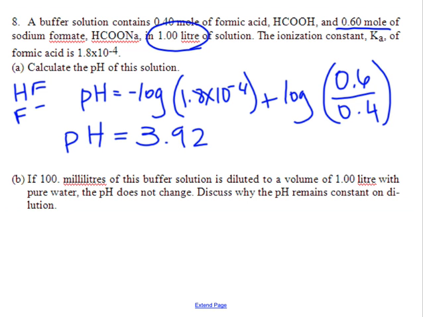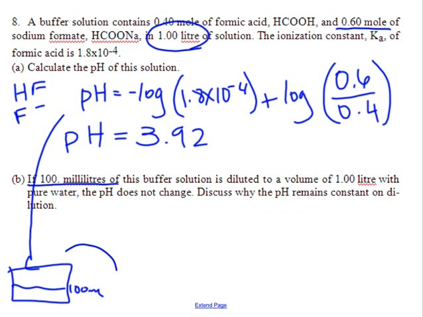Okay. So again, problems start out very easy and accessible, not an issue. Now, if 100 mils of this buffer is diluted to a volume of 1 liter with pure water, the pH does not change. Discuss. If we take 100 mils from that vat, and we put it in the beaker, 100 mils, and then we add 900, pH doesn't change.